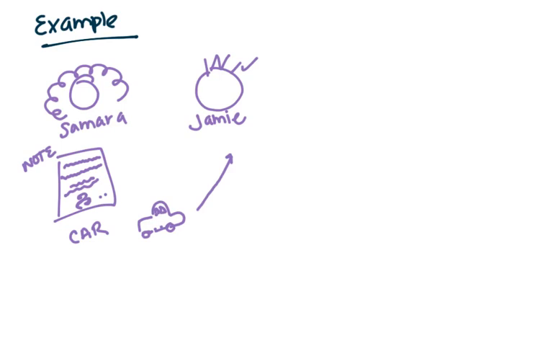So let's say now that Samara also owned a house, but Samara's will didn't say anything about this house. Is that house still probate property?